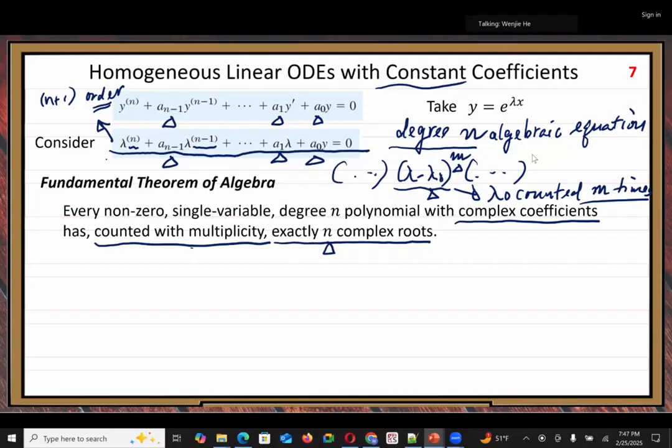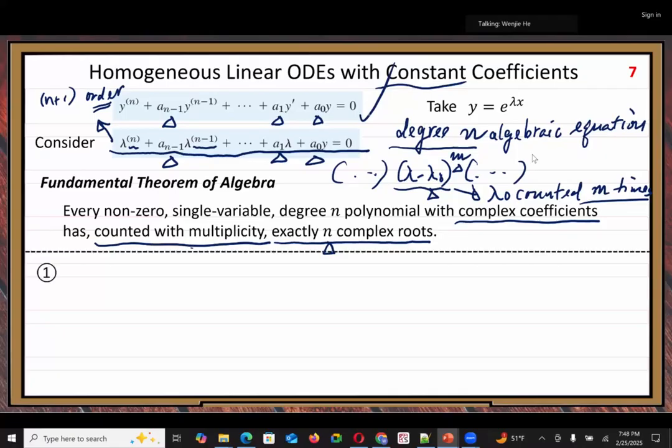Then we can write the explicit forms of all n solutions of this type of ODE, a homogeneous linear ODE with constant coefficients. Case 1, the first type: distinct real roots.